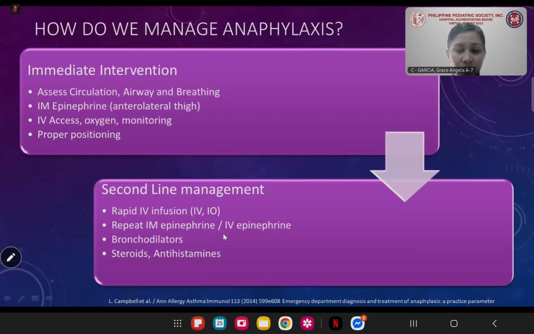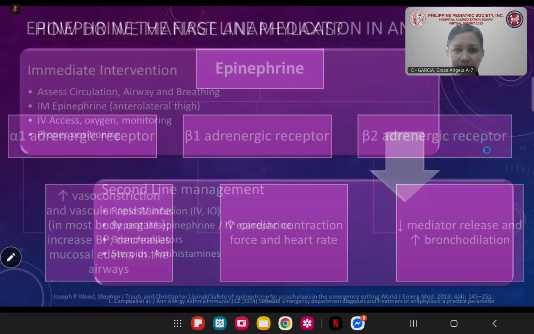But if your patient goes into shock despite the 3 epinephrines, then you can already give your IV epinephrine, or if your patient goes into cardiopulmonary arrest, you go to the CPR protocol. You can also give your bronchodilators if your patient is having wheezing. And then you can give your steroids and antihistamine as adjunct therapy.